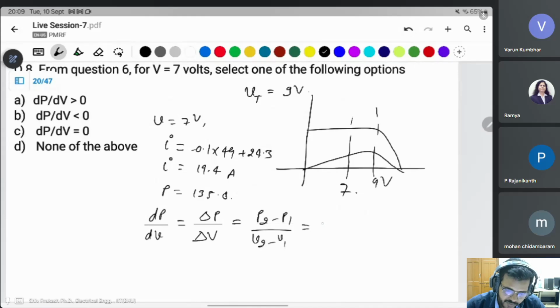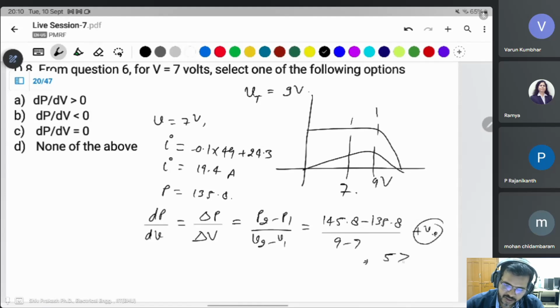P2 is already calculated: 145.8 minus 135.8 divided by 9 minus 7. This will be positive, I think. 5 is greater than 0. Yes, first option.